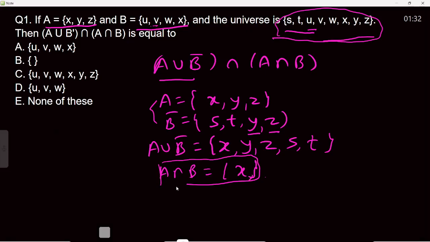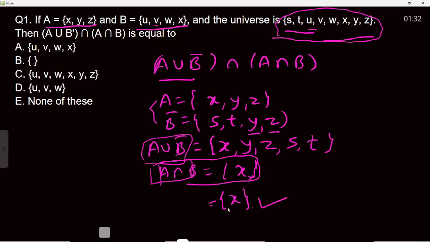Now we will be merging the answer. We have to find the intersection of A union B bar and A intersection B. Whatever are the common elements in these two sets, that will be our answer. I can see the common element is only X. So X should be the answer.